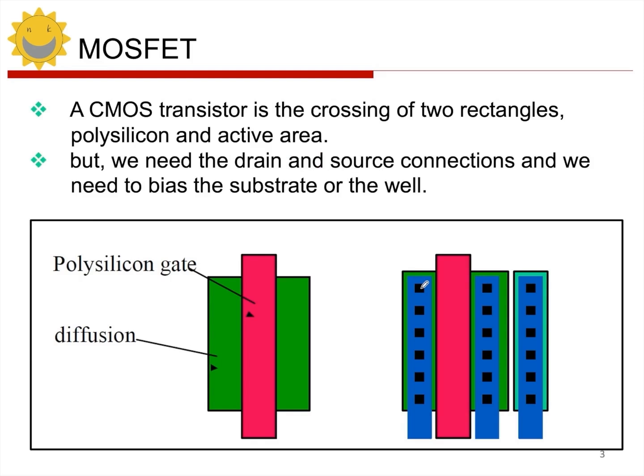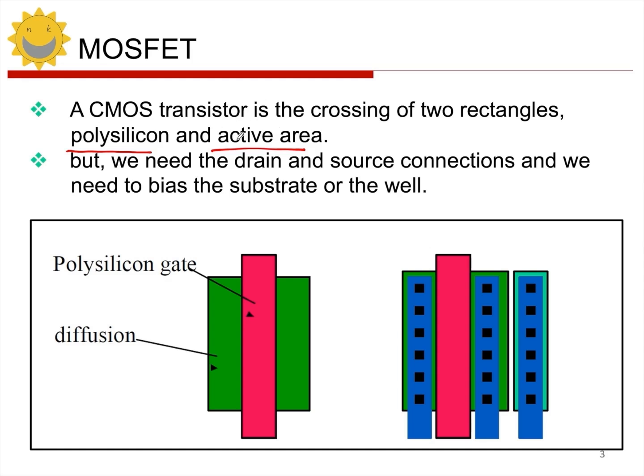In this layout design, we need to define the two most critical levels, which are polysilicon and active areas. We define a rectangular area, and in this rectangular area we can form an active device.